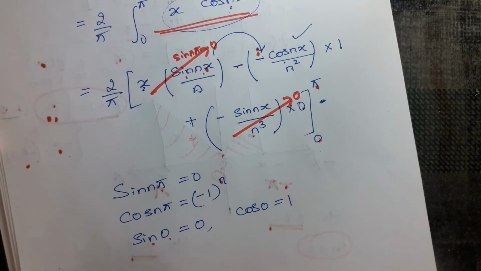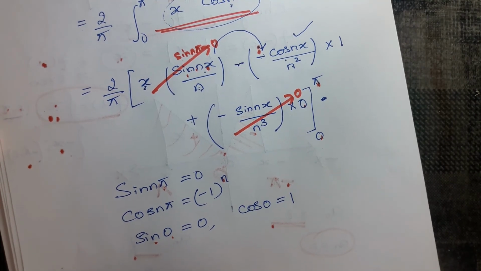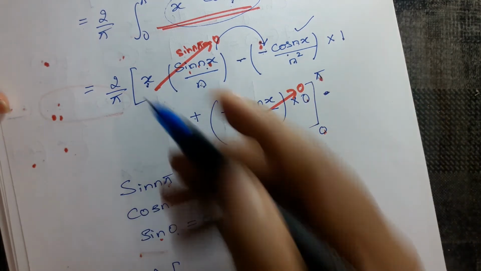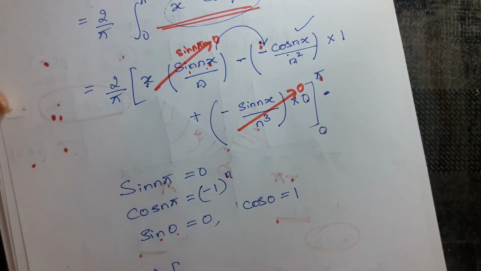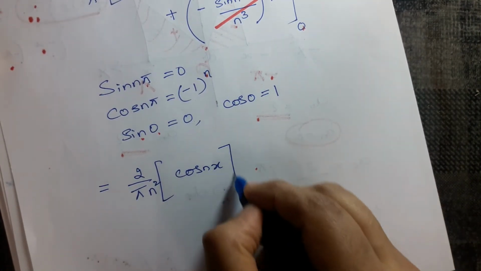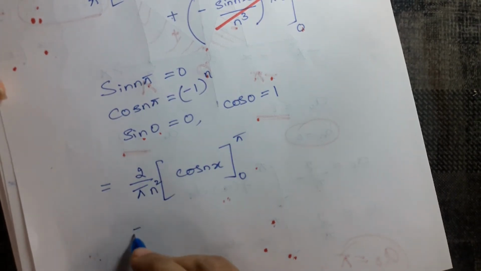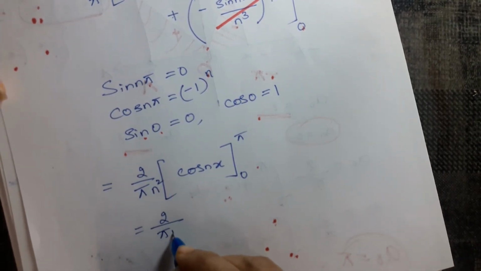So what term will you be left with? You will be left with only cos nx by n square. n square is constant, I will take outside the limit. Minus into minus plus, only cos nx. Correct? So substitute the limit only for cos nx. So 2 by pi n square.